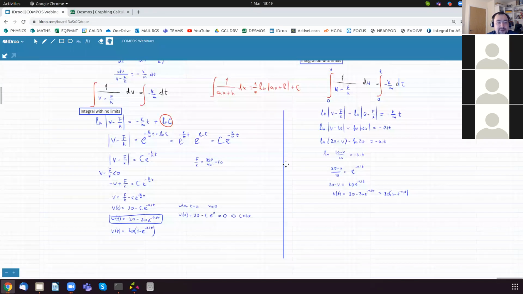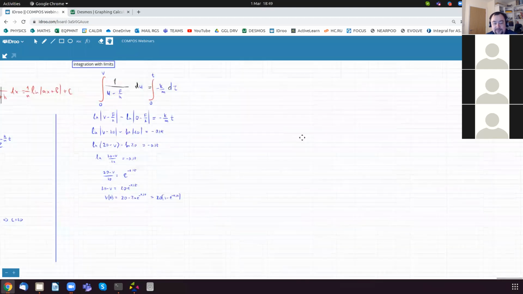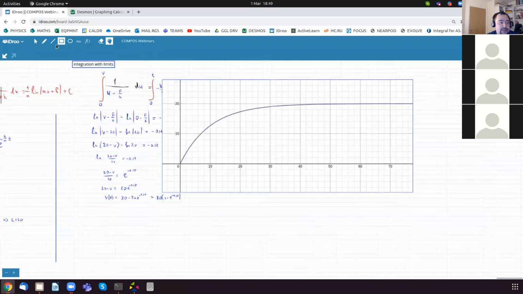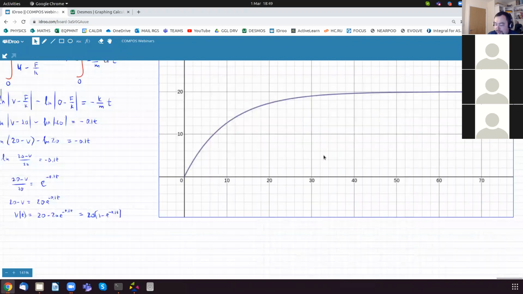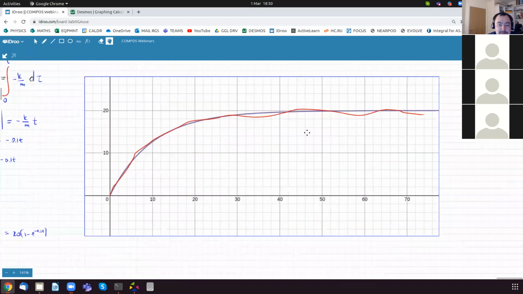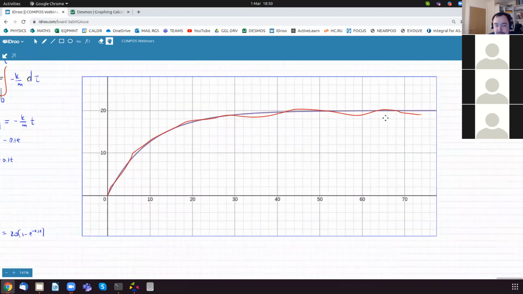So if we take this graph and just draw it here, a real boat on real water, there would be much more noise. So most likely the speed will fluctuate around the terminal velocity.